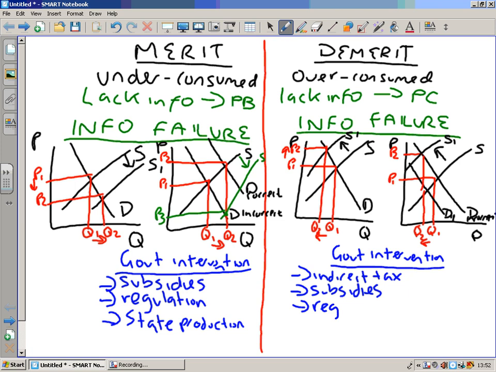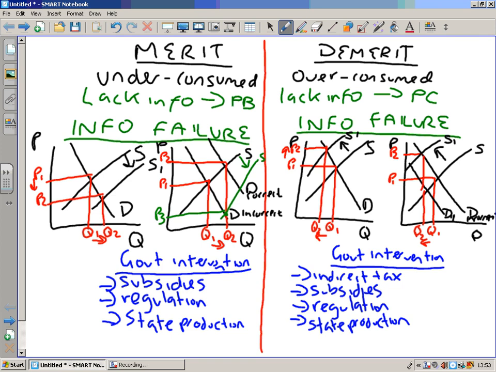We can impose regulation. We know smoking creates many private costs. What we can do then is impose bans, restrictions to who can smoke, restrict the nicotine content in certain cigarettes. Again, state production. So make alternatives free of charge provided by the government, which will solve the problem.